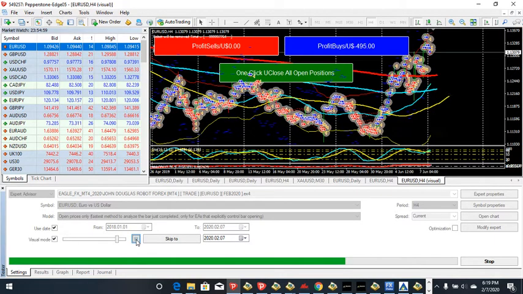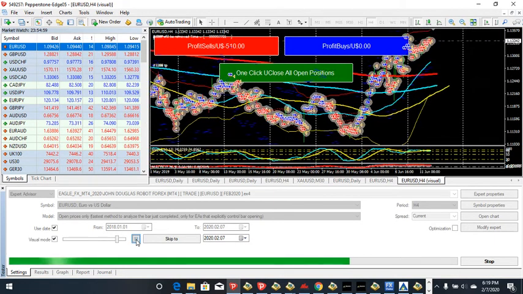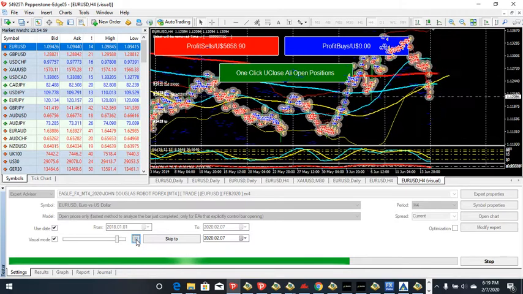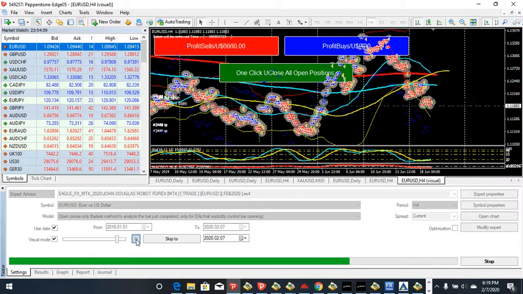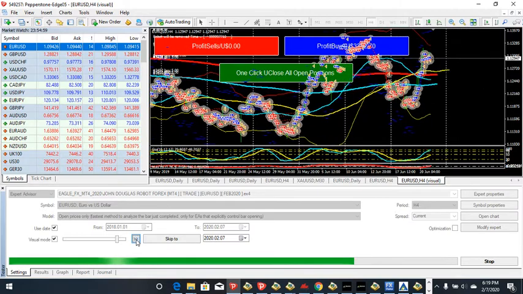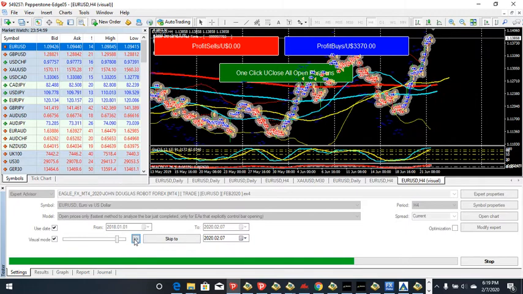See that? Sell, not buy, just like that. Look at that again, look at that here.